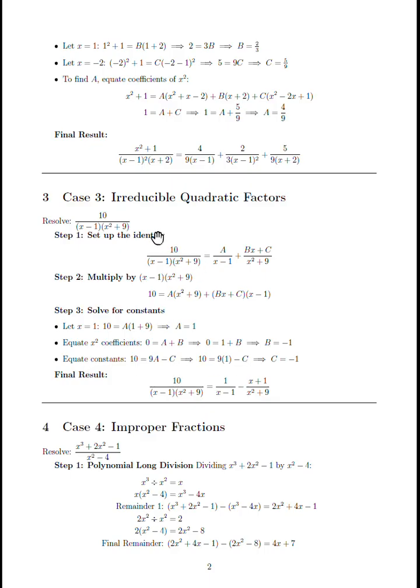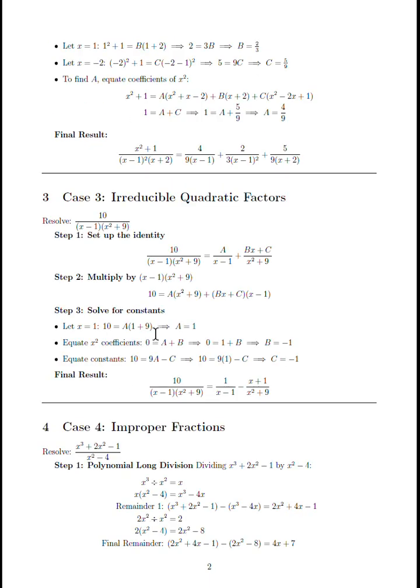Plug in everything to this general decomposition format, and we have our problem. 10 over x minus 1 into x squared plus 9 will now become 1 over x minus 1 minus x plus 1.